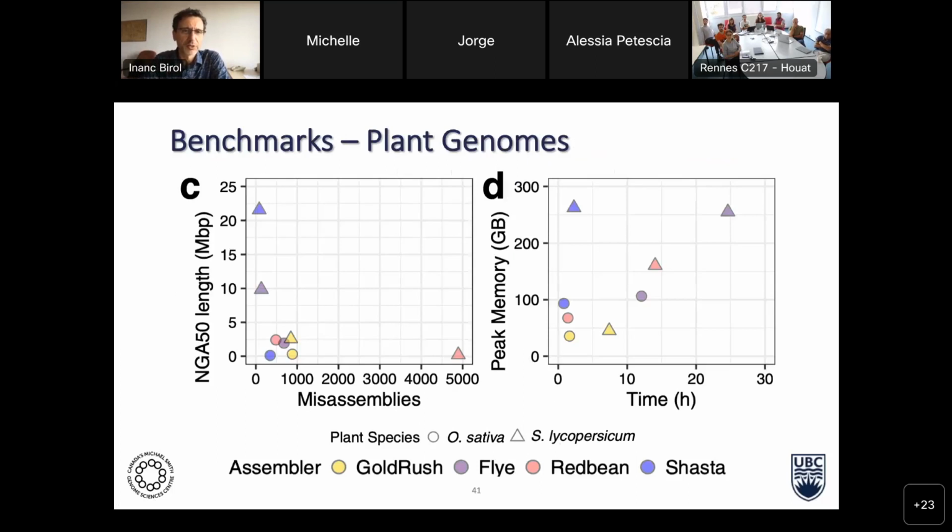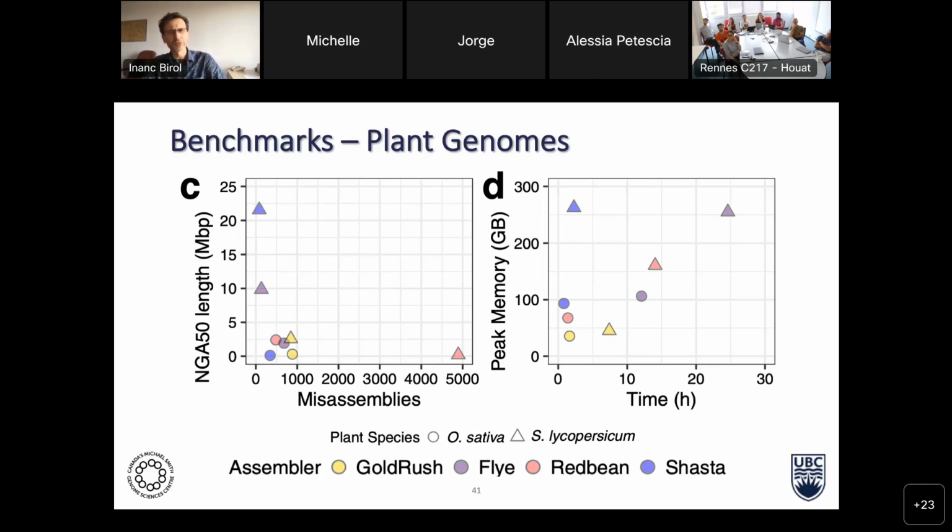Again, being on the top left is good for contiguity versus misassembly, and the bottom left is good for resource usage. I think we have some clear winners for tomato. And for rice, the story is a little more complicated.